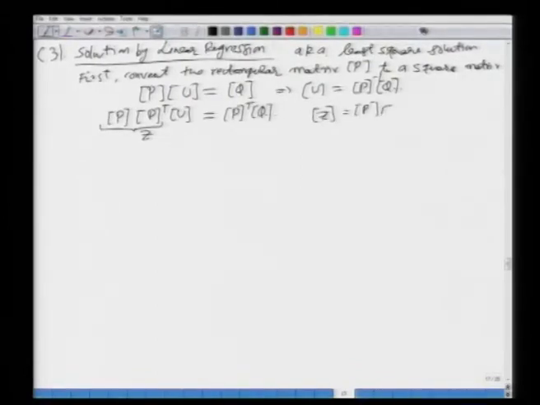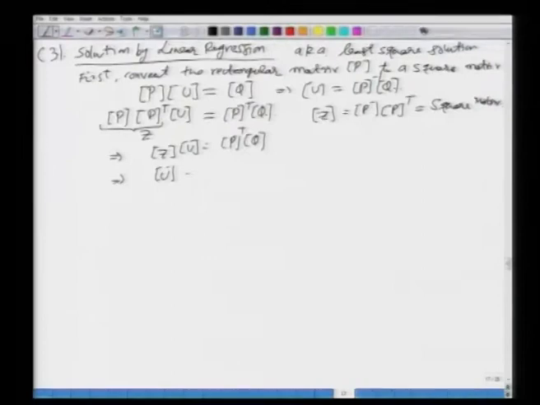P times P transpose, which is a square matrix, right. So, then that would mean you have your Z times U is equal to P transpose of your Q. That would mean your U is equal to what?